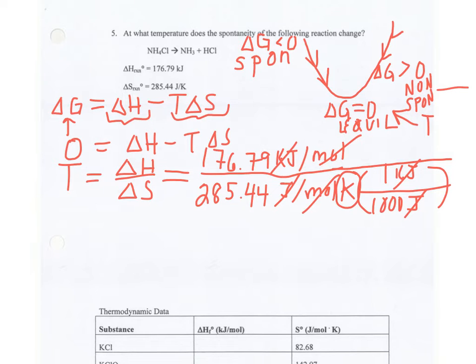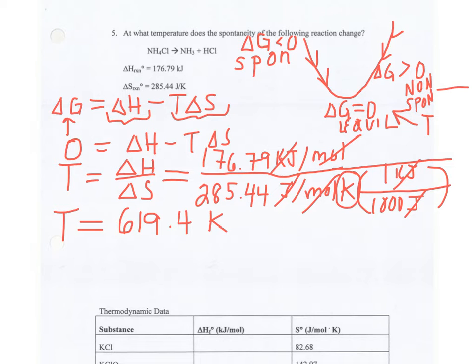So now we have to do the math. And we come out with 619.4 Kelvin. Let's see, we have 5 sig figs. Actually, the temperature, oh, well, the temperature is what we're looking for.